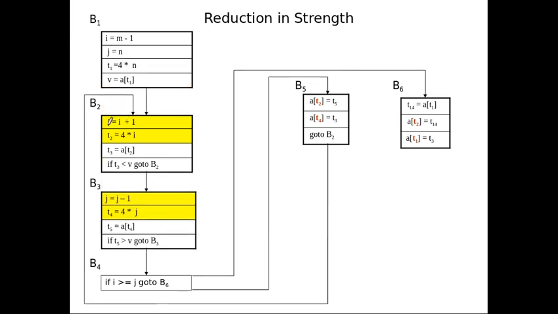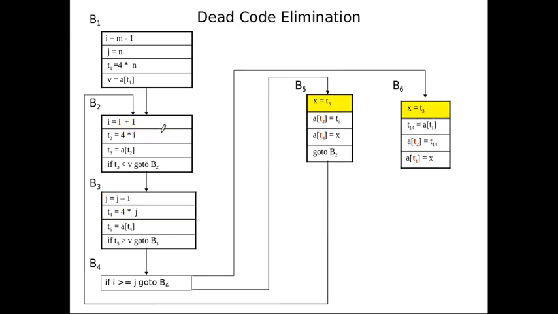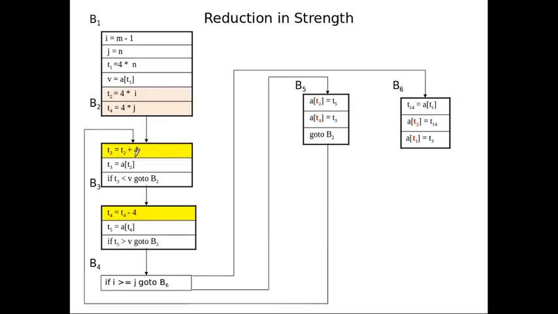And here what is my I value? I equal to I plus 1. And when I am moving 4 into y, every time I am adding only 4. So I am using temporary variable t2 equal to 4 into y and t4 equal to 4 into j.